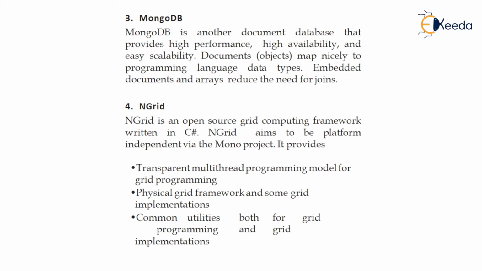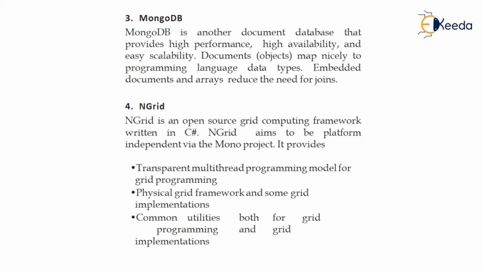Also, embedding makes reads and writes fast. Indexes can include keys from embedded documents and arrays, achieving high performance. Replicated servers in MongoDB provide high availability in case of automatic master failure. Automatic sharding distributes collection data across machines and ensures easy scalability.